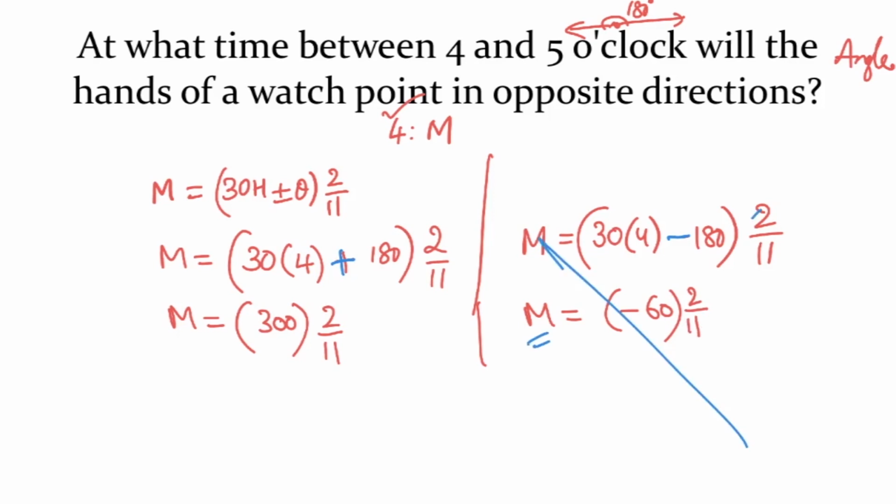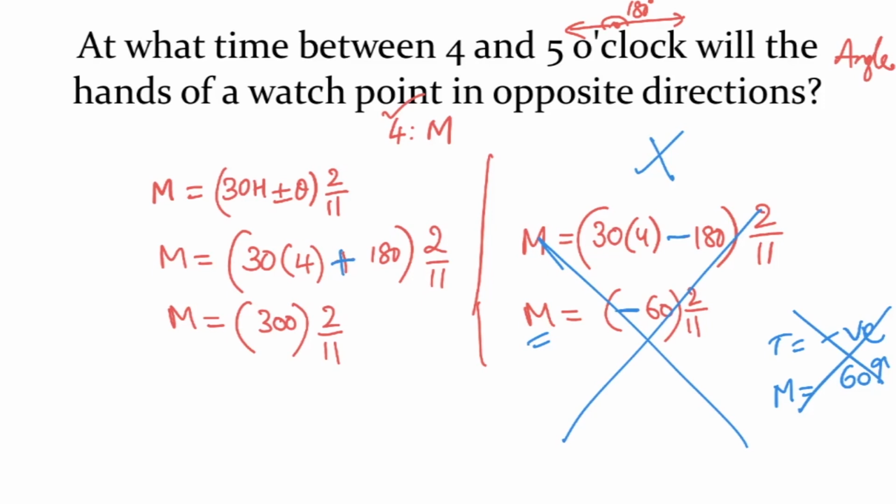Time cannot be negative, so we cannot consider the second case. Whenever time is negative, or whenever the number of minutes is more than 60, we do not consider those cases. Here we do not consider this case because time is negative.